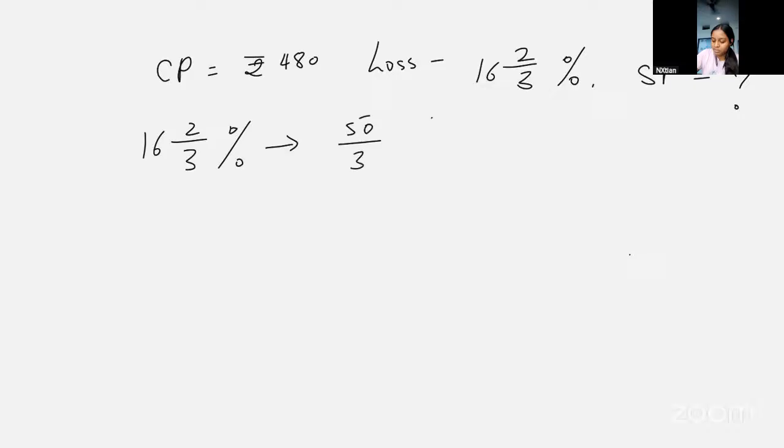Now see, 50 by 3 is still a percent, so to remove that, we will do 50 by 3 into 1 by 100. Now you will cancel: 50 ones are 50, 50 twos are 100. 1 into 1, 1, 3 into 2, 6. Okay, 1 by 6.